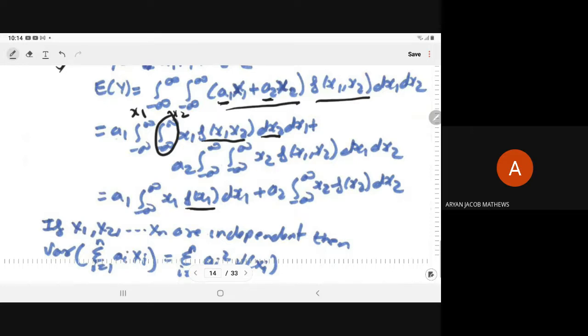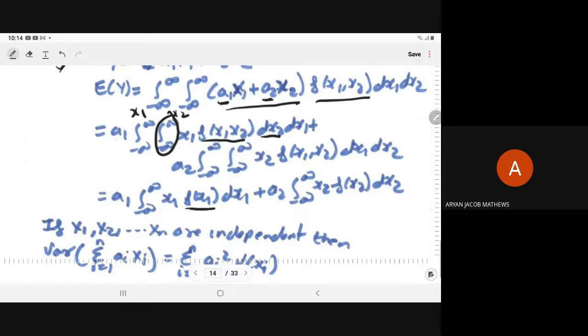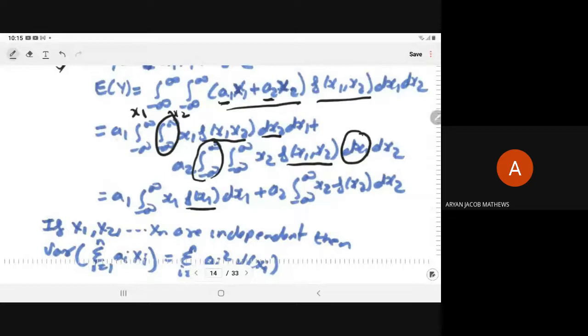So here it will become a1 integral x1 into f of x1, that is the marginal density. Similarly, here if you integrate the joint PDF with respect to x1, you are getting the marginal density corresponding to x2.